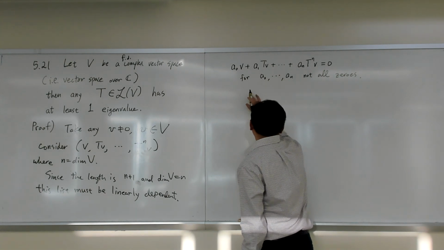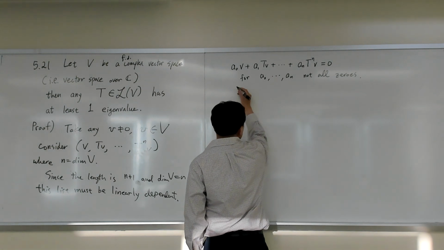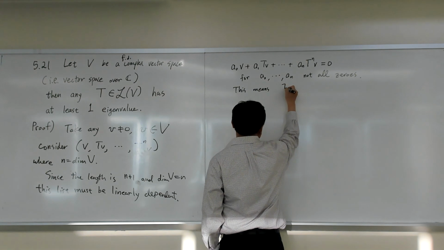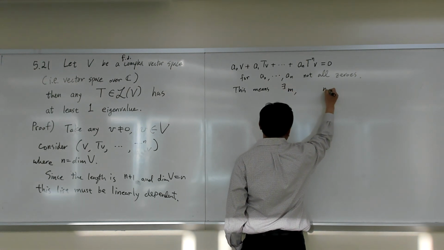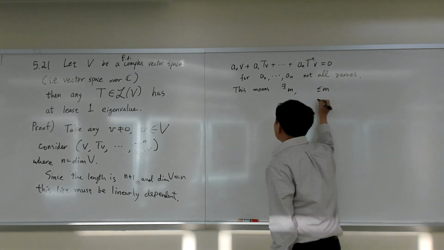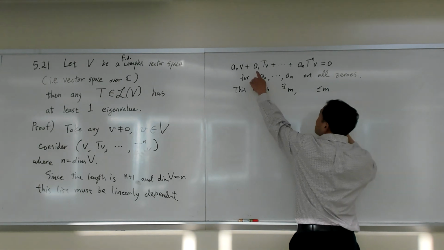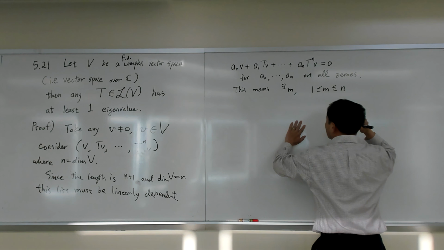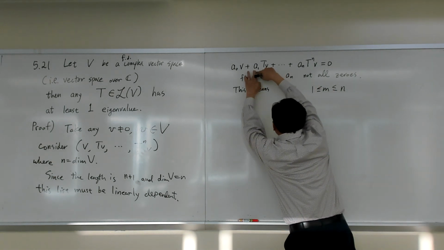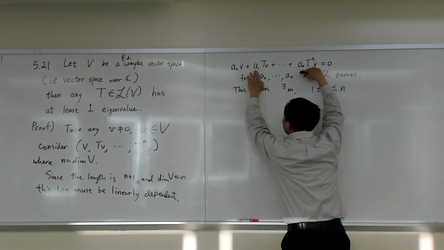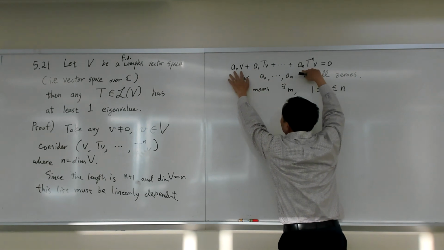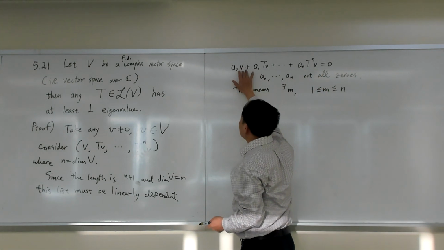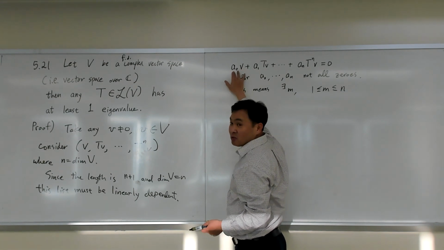Okay, so this means there exists an m between, well, it has to be at least 1, through n. See, if A1 through An are all zeros, then that doesn't make sense, because you just have A0 times V, and since V is non-zero, A0 is forced to be 0.